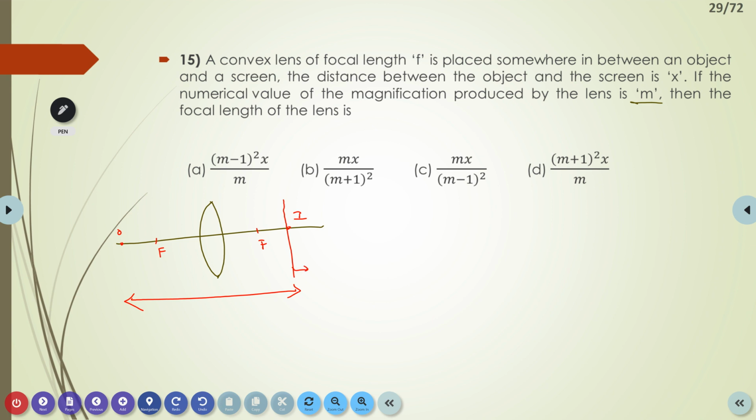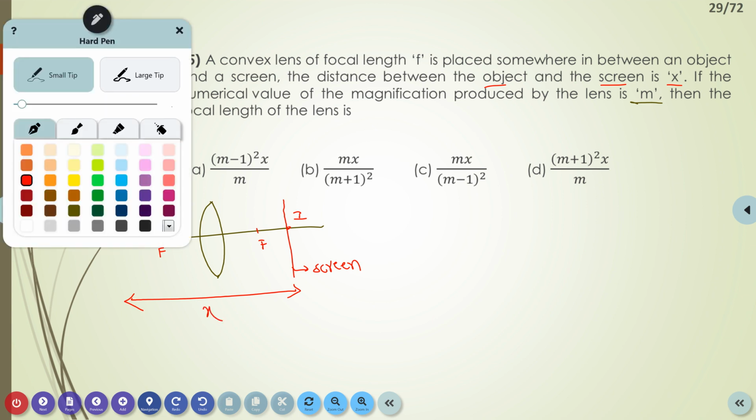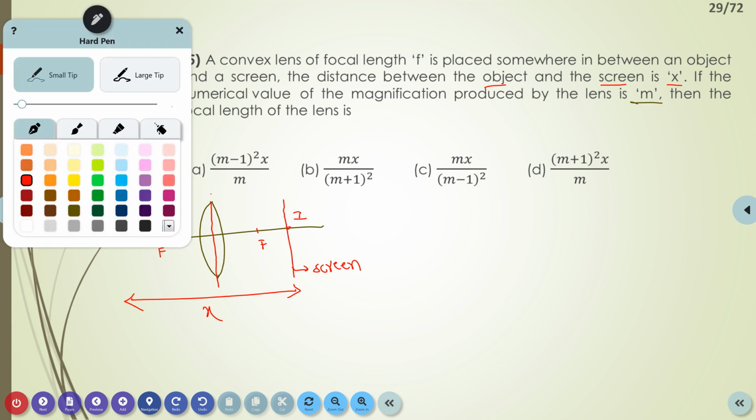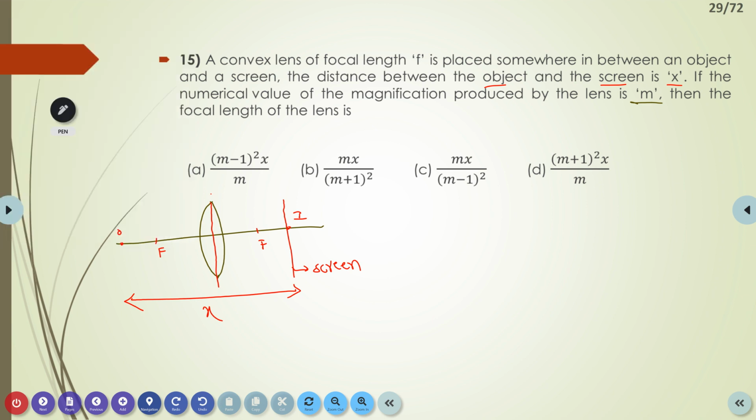This is the screen. Image is always formed on the screen. Distance between the object and the screen is X. Here, optic center. All distances are measured from the optic center, so this distance I will call U. It is object distance.